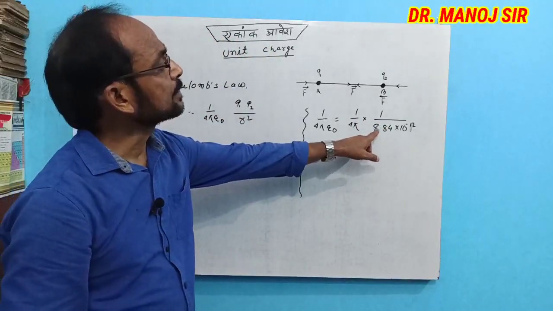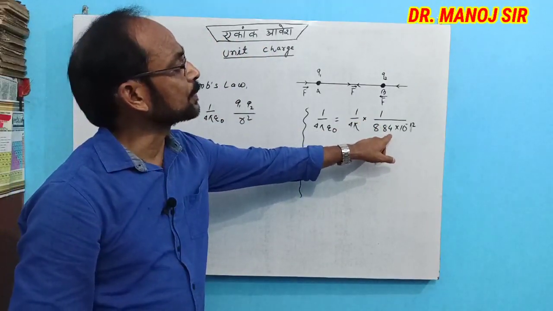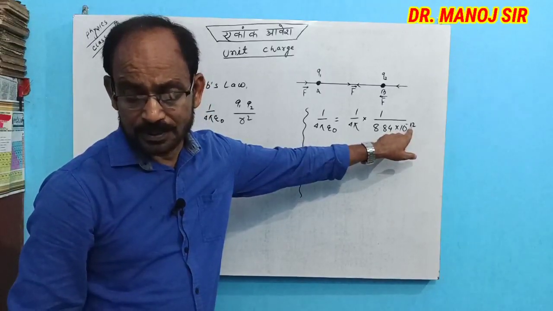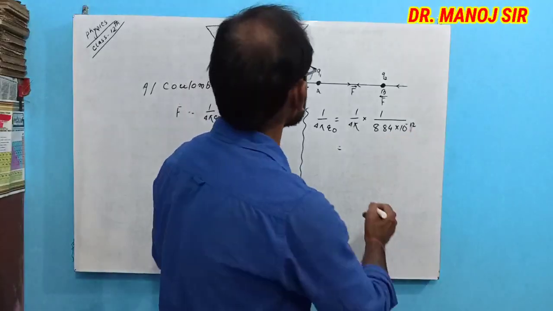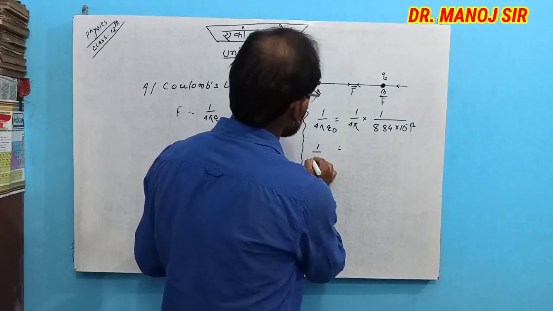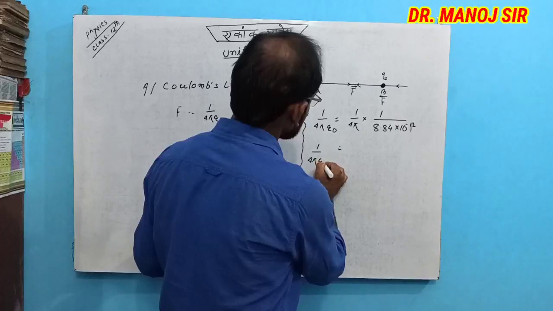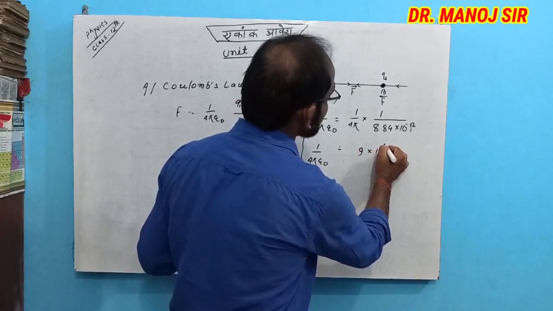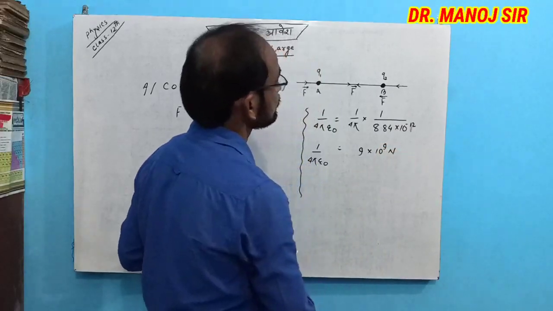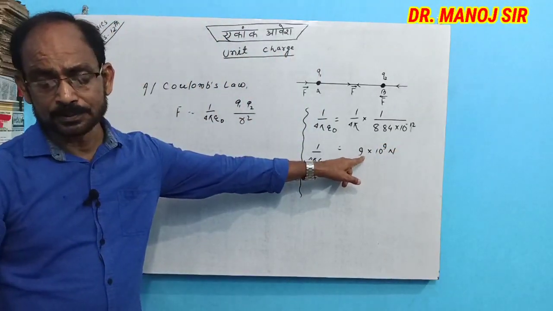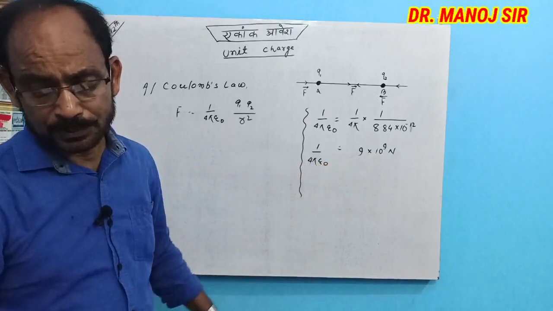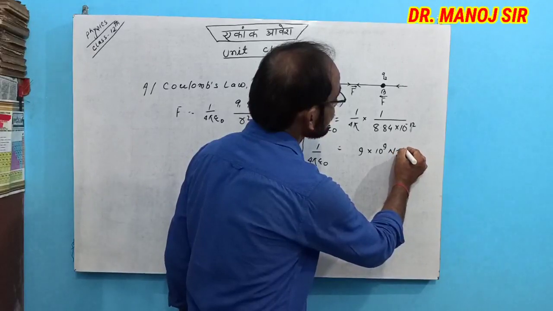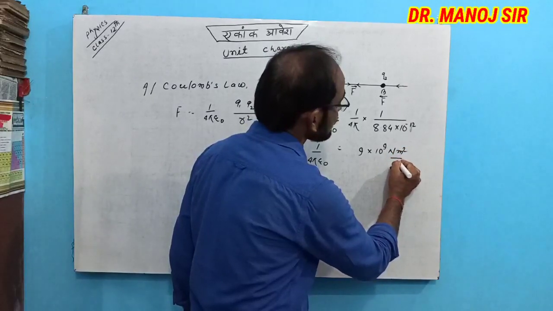When we divide 1 by 8.4 and 10 to the power minus 12, then we get 1 by 4 pi epsilon naught equal to 9 into 10 to the power 9. This value we have to obtain after the expression.